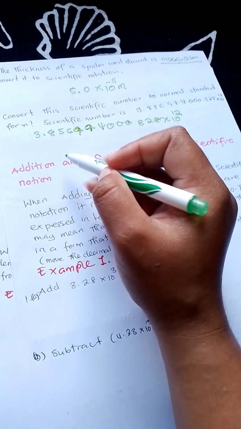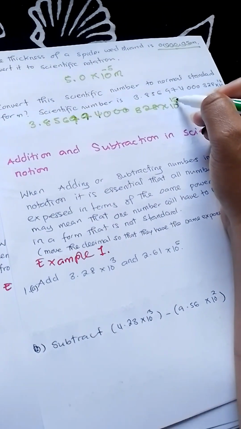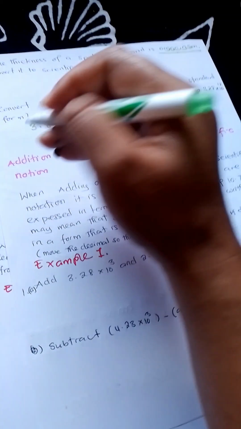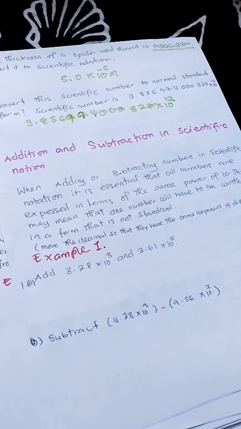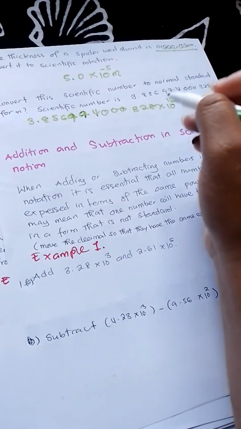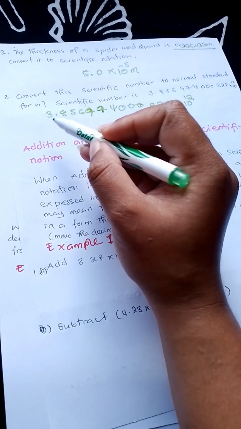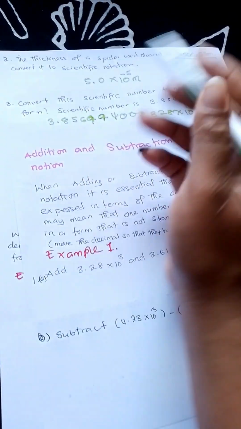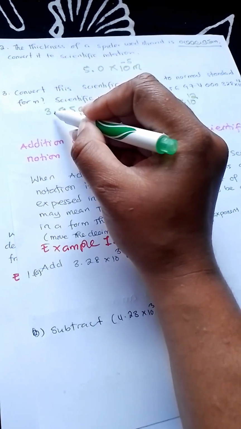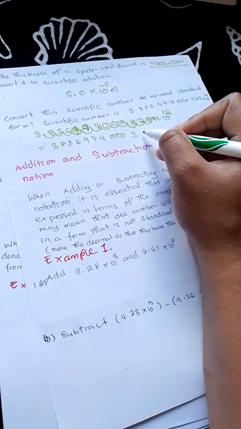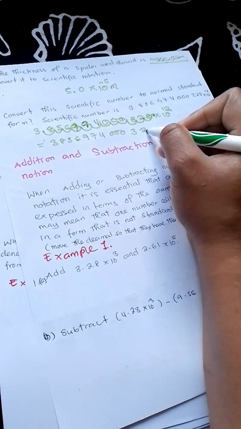Since it is a positive power, we move the decimal place to the right. If it is negative, then we move the decimal point to the left. So now we go 3.85 followed by zeros.